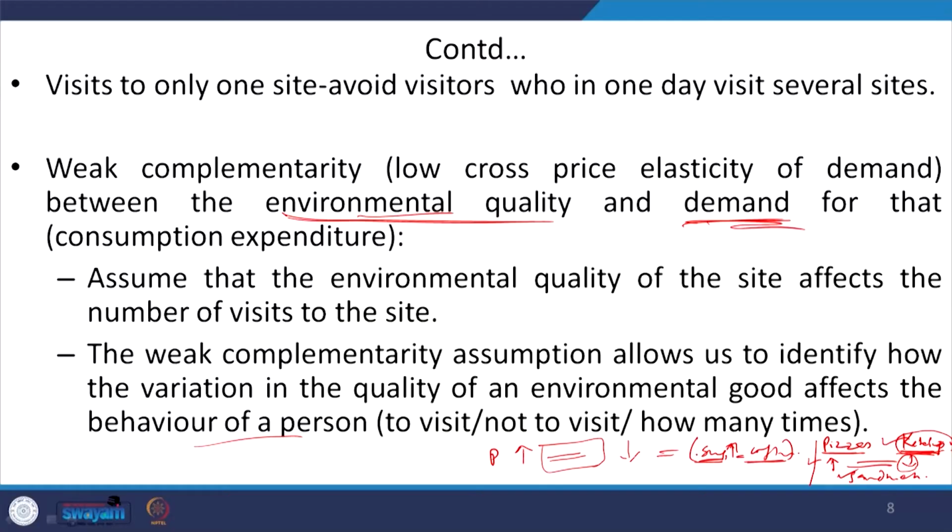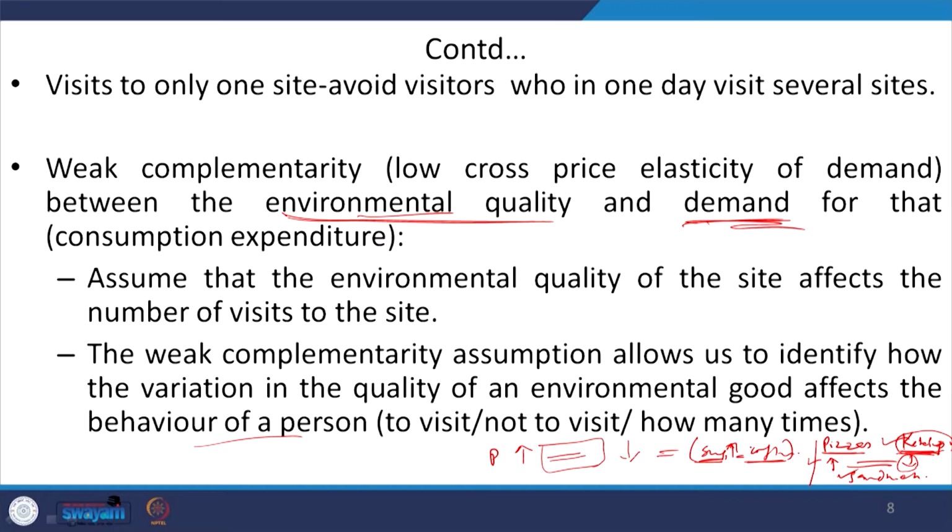Suppose earlier, when the quality of the environment was very good, the frequency of visits was very high. Maybe 10 times in a year the visitors were visiting a particular marine beach when its quality was very good. But now the quality of this beach has been degraded, so people may prefer to visit less.